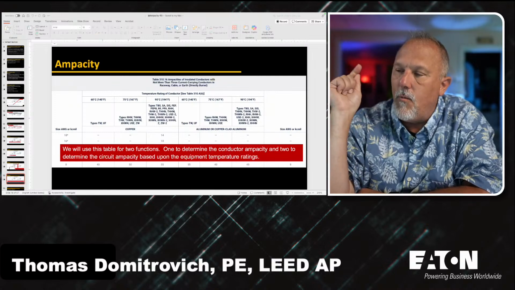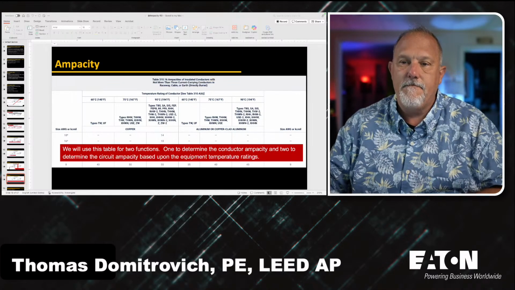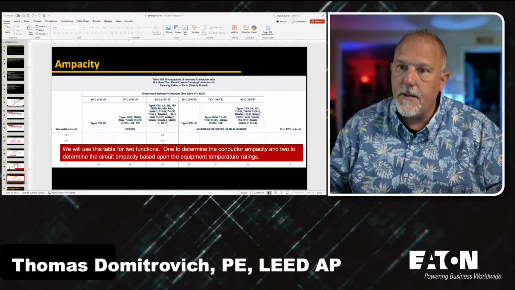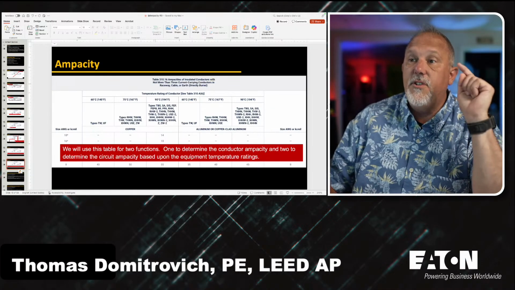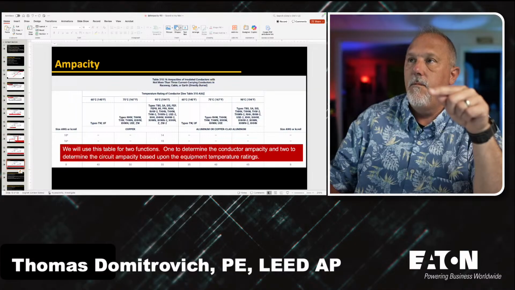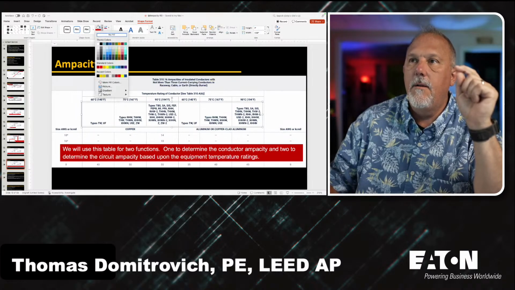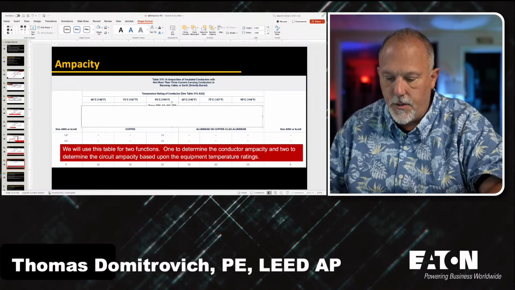All right, so 1, to determine the conductor ampacity, and the second time, now let me do this. Control C, V. Oops, Control Z. Control C, V. When we use this for determining, I'm going to get rid of this. White. Bam. Oh, no, you know what I'm going to do? Watch this.